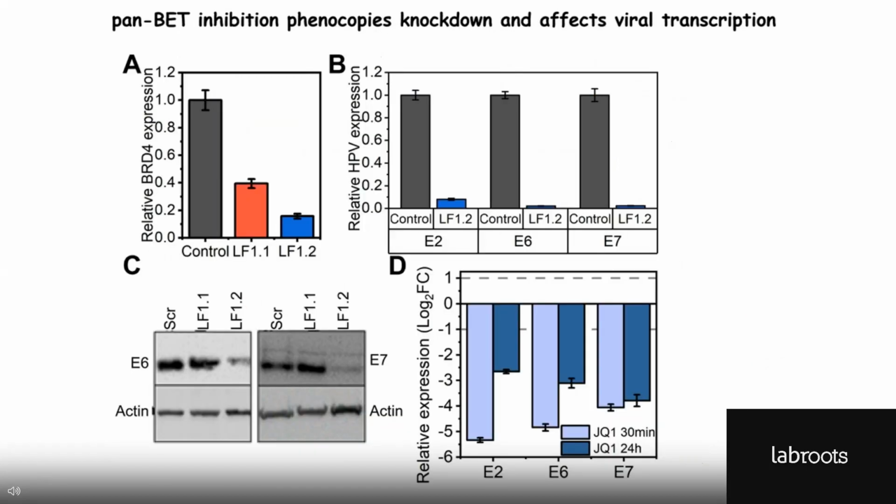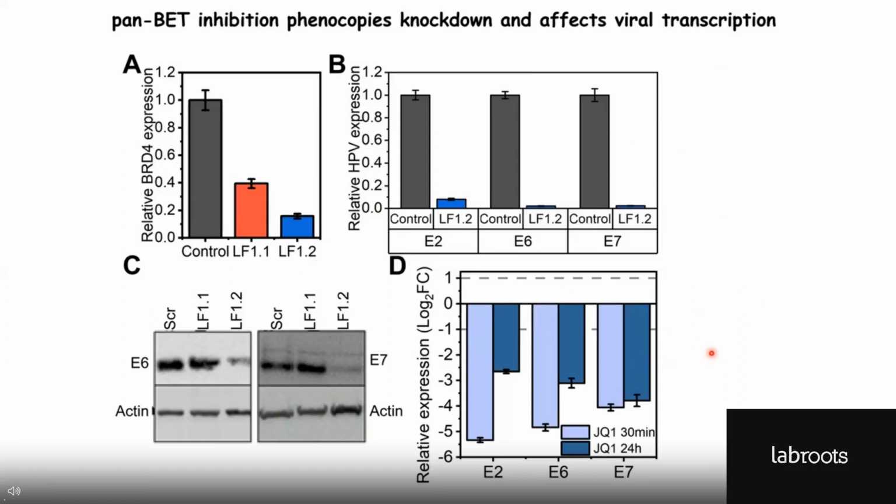So then we asked the question: if we downregulate BRD4 with shRNA, does it also affect viral genes like E2, E6, and E7? Interestingly, BRD4 downregulation through shRNA knockdown also controls E6 and E7, suggesting that it phenocopies the effect of the small molecule inhibitor JQ1.